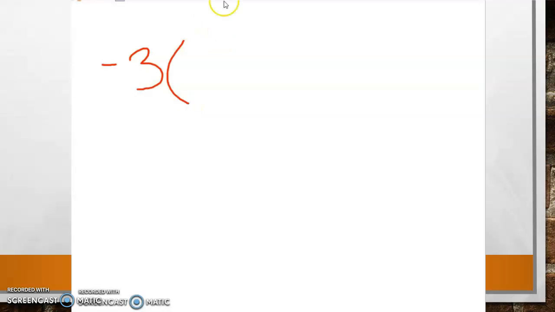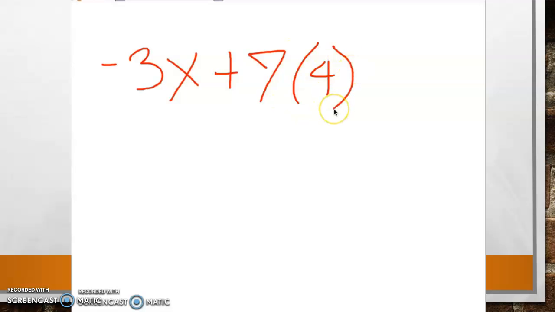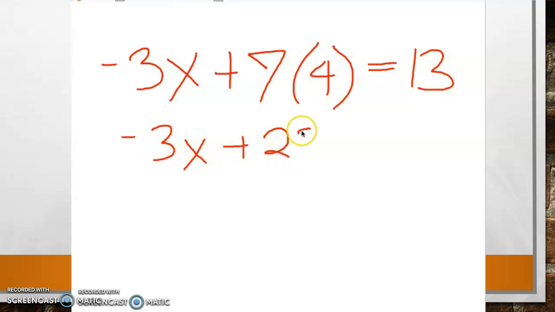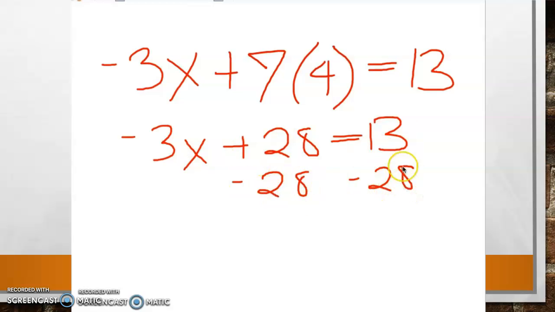So let's take that part off. So negative 3x plus 7, our y value is 4, equals 13. So negative 3x plus 28 equals 13. And we'll subtract that 28 from both sides. So negative 3x equals negative 15.